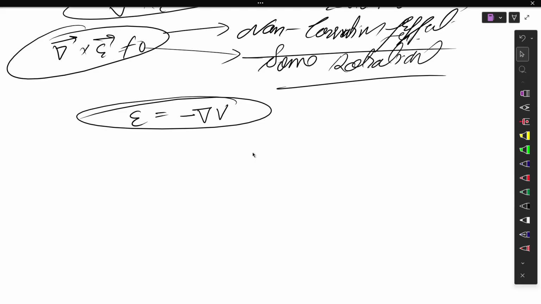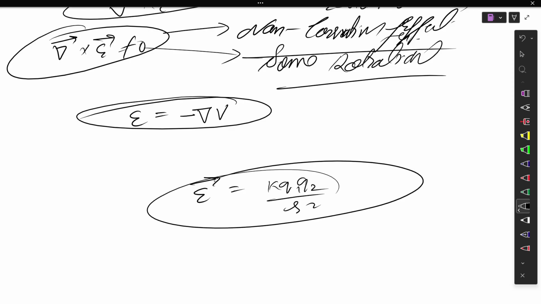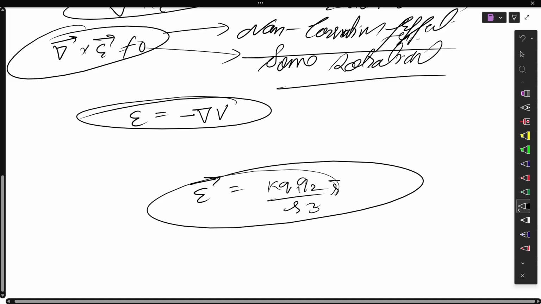Okay, so yeah, this is the example. Talking about the example of a conservative field, we come to Coulomb's law, which says that the electric force is equivalent to k q1 q2 by r square. And this is only valid for static charge, right?